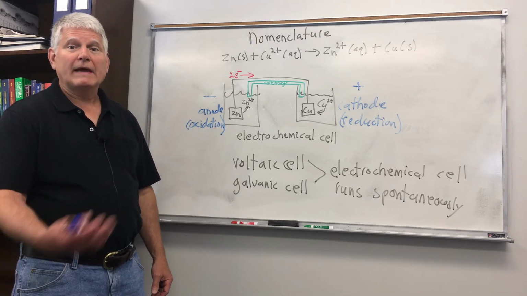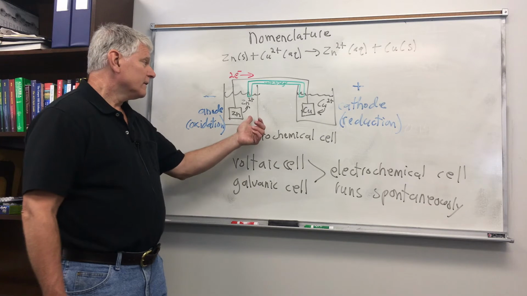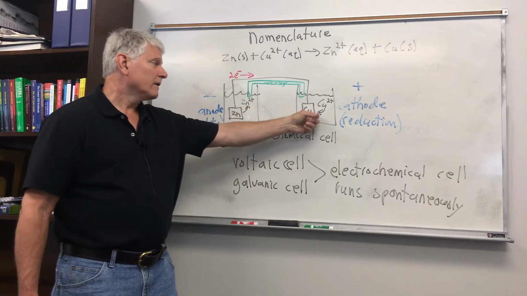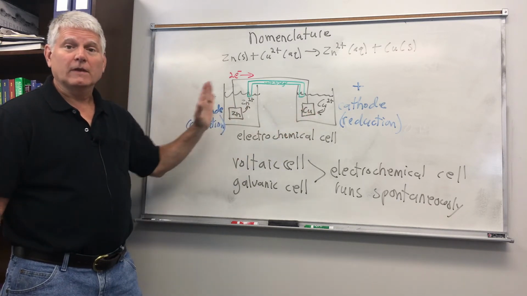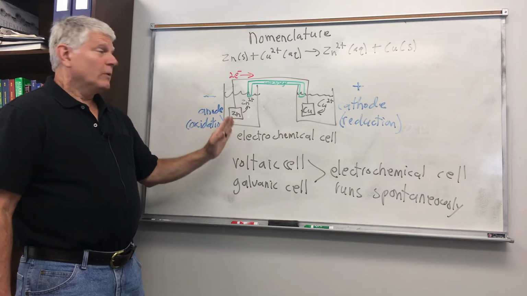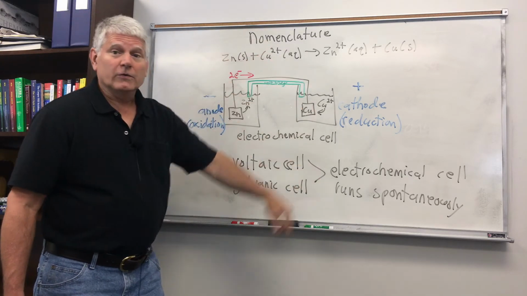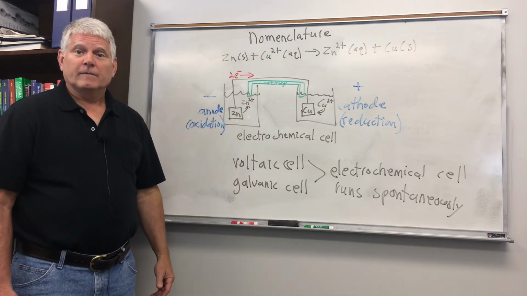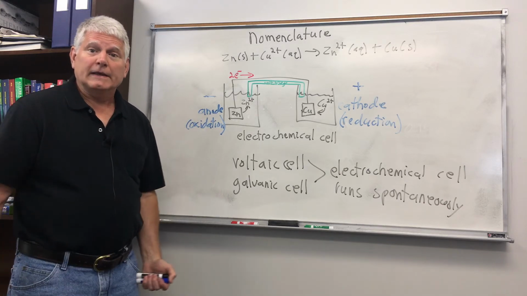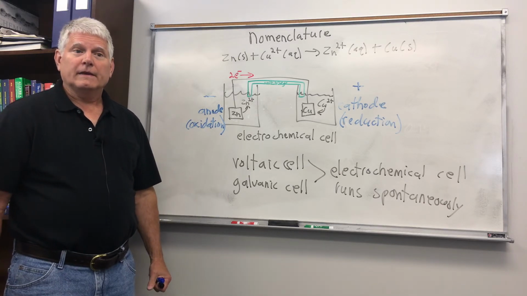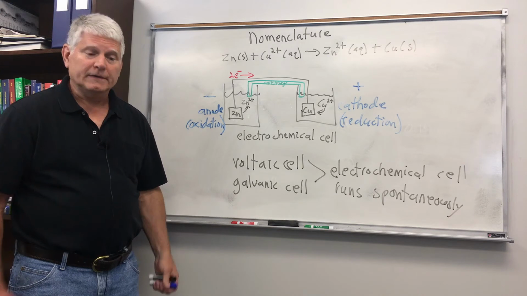If we have to drive the cell, like if we set up copper in the left, zinc in the right, if we set the cell up backwards, we would have to force the cell to run in the opposite direction. And we could do that by plugging it in the wall, and that's called an electrolysis cell.